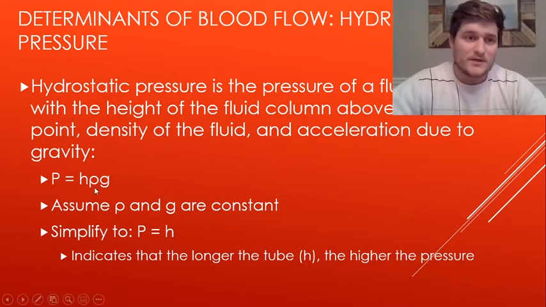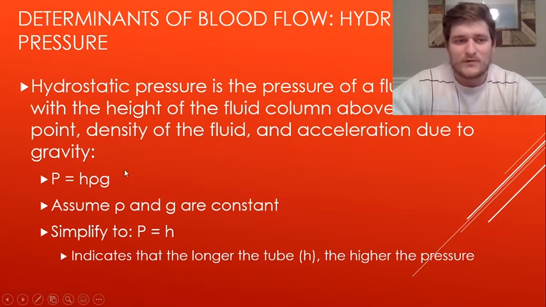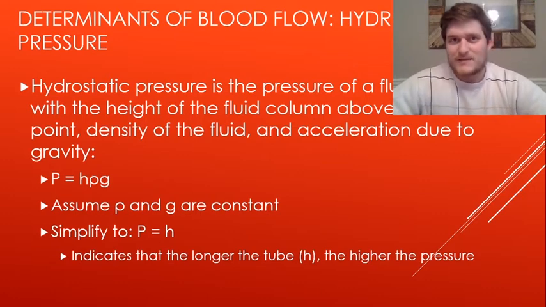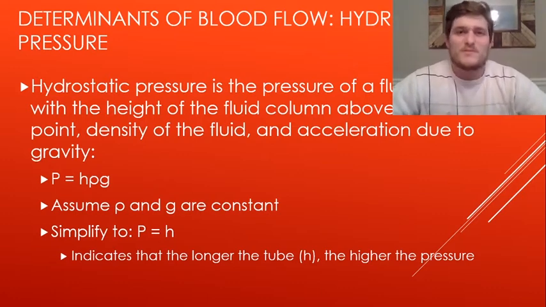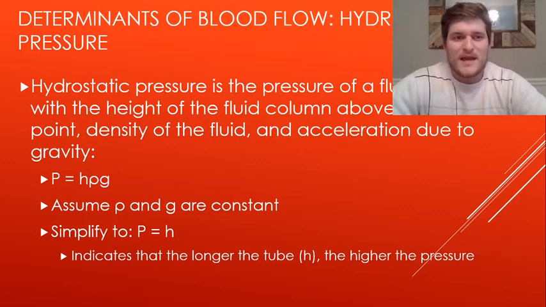Here you can see that terminology displayed in an equation, where hydrostatic pressure is equal to the height of the column, the density of the fluid, and the constant of gravity. Here on Earth, gravity is a constant. Remember that. It's going to be 9.8 meters per second squared. That's the same no matter where you are within Earth's atmosphere.